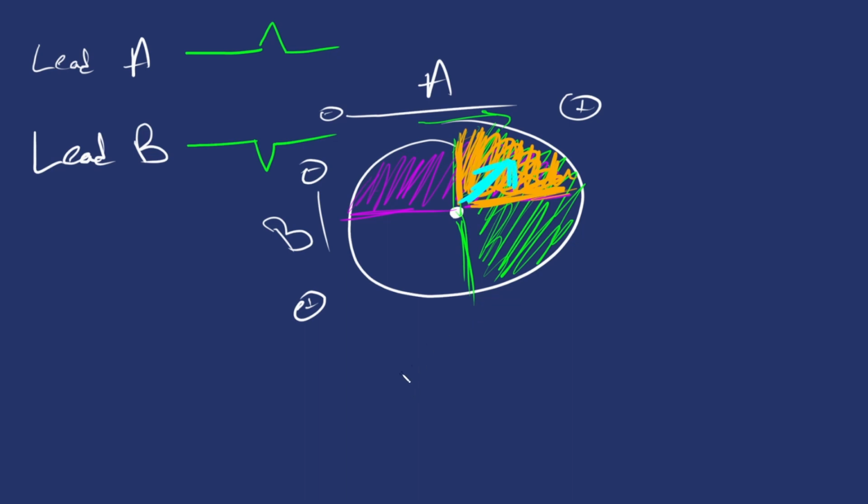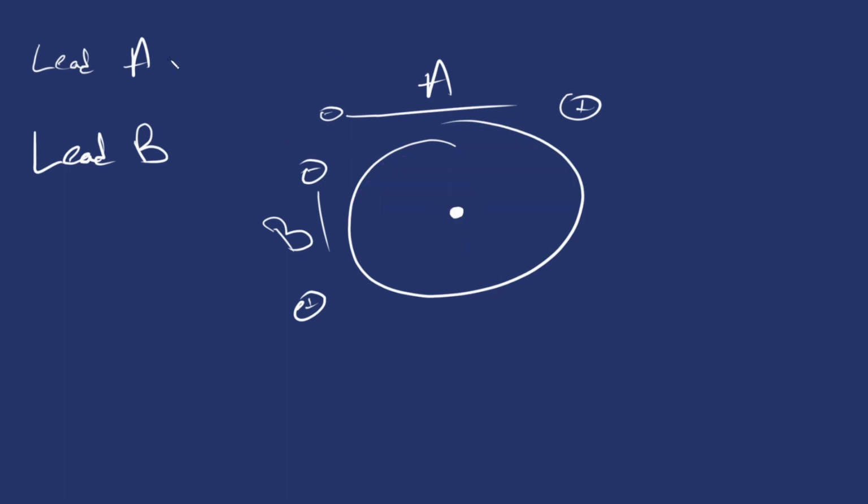Okay? So we could do the same thing and just keep applying this. So let's say lead A now looks like this. Okay? And lead B, let's say it's also negative. We'll do the same thing and draw it out. So lead A, since it's a negative deflection, signal is heading away from its positive. So we split this circle in half. The signal is coming from somewhere this way, right?